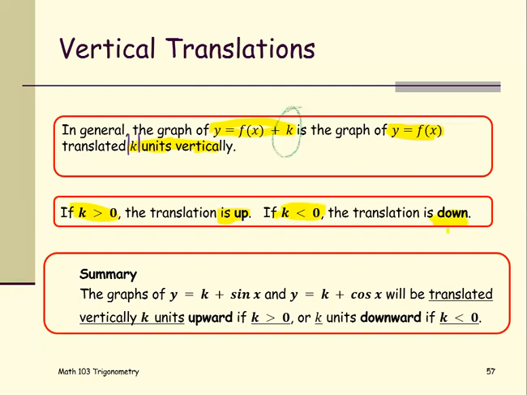In summary, for the graph of sine and cosine that is added by the term k, these two graphs will be translated vertically, k units upward if k is greater than 0, and the absolute value of k units downward if k is less than 0. I use the absolute value here because we look at the quantity. So the graph goes up or down by the quantity k, not the sign. The sign will tell you up for the positive side and down for the negative side.